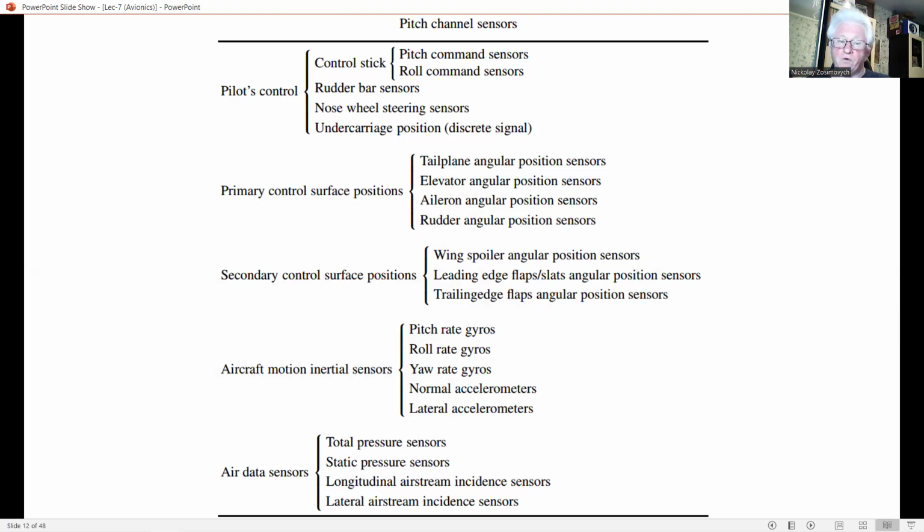Computer output voting and consolidation: cross-comparison of individual computer outputs to detect and isolate a computer failure, and consolidation of the good computer outputs to provide the control surface demand signals to transmit to the control surface actuators.